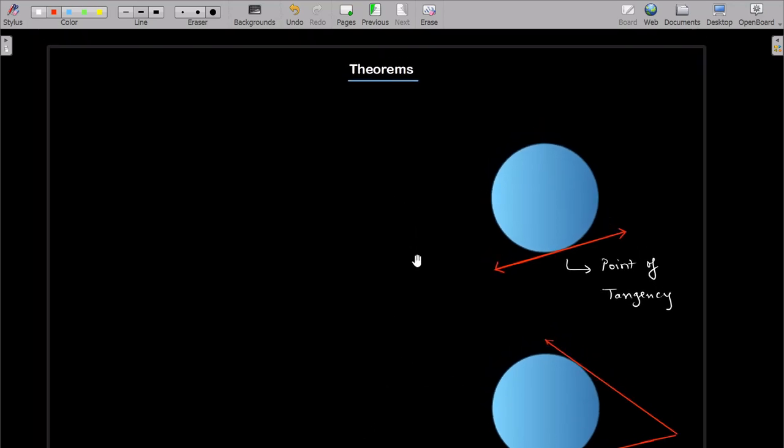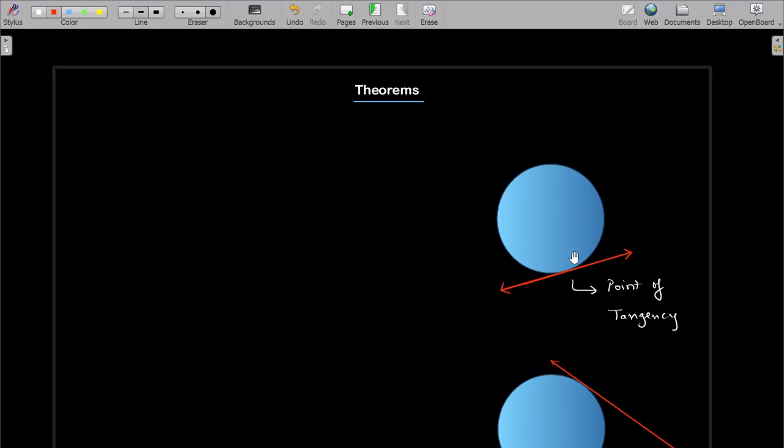Alright, so the first theorem tells us that every tangent is perpendicular to the radius at the point of tangency. The point of tangency is that point at which the tangent is touching the circle. So this is the point of tangency. Now if I draw a radius at this point, Anika, let's say this is the radius and this is the center of the circle. So this tangent is perpendicular to this radius.